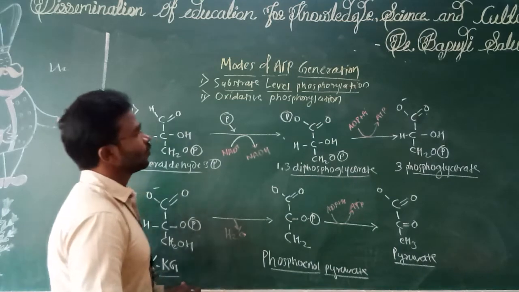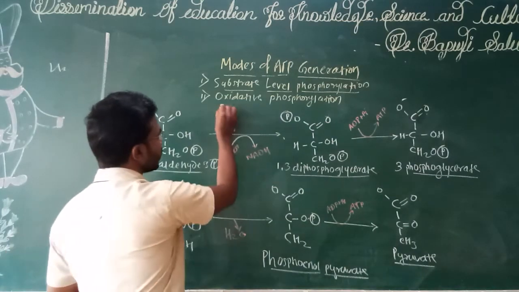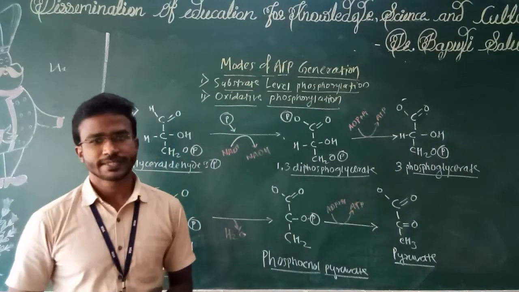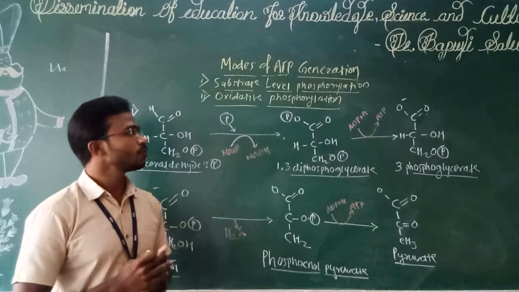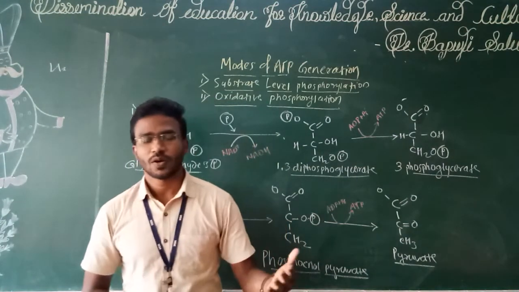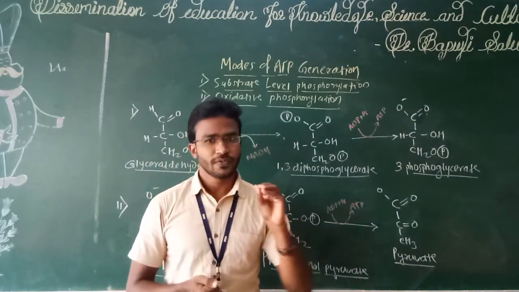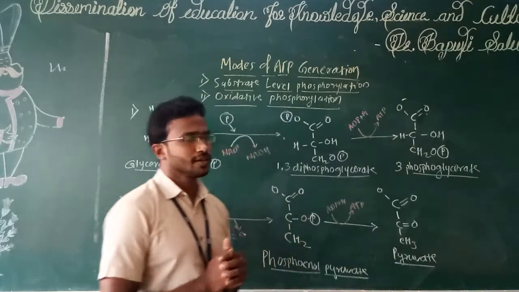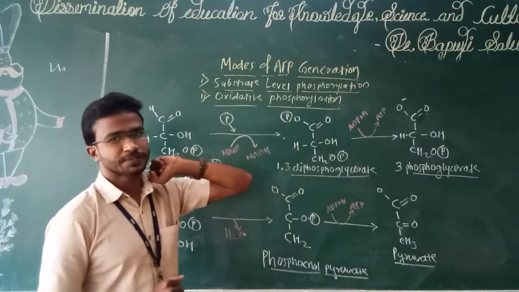First, substrate level phosphorylation, and second, oxidative phosphorylation. What is the difference between substrate level phosphorylation and oxidative phosphorylation? In this lecture we are going to focus on substrate level phosphorylation.